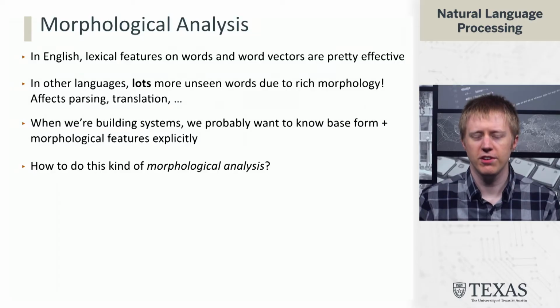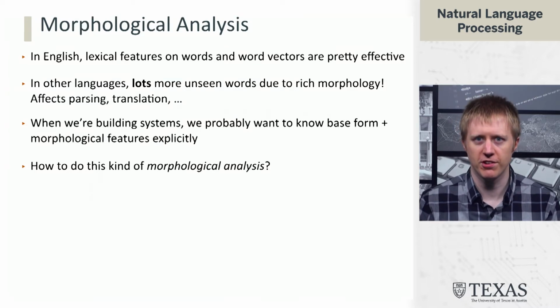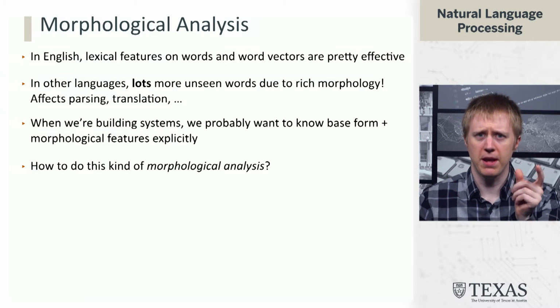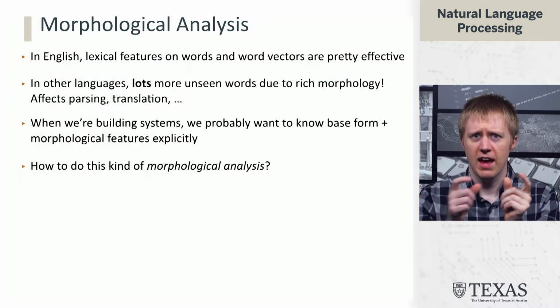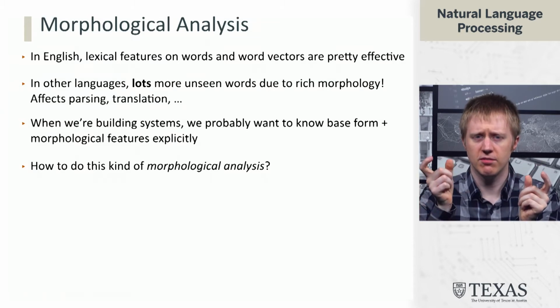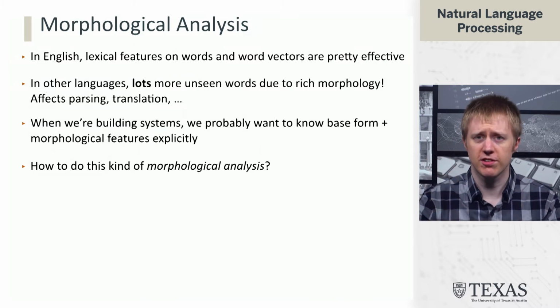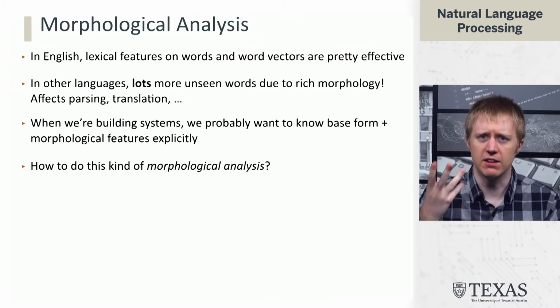This shows up because of unseen words in other languages, like the second person plural form of a rare verb that we've never seen before. We need some way to decompose what's going on. One way is to ask what the base form is, what verb we're dealing with, and then what the morphological features are that caused it to be inflected in this particular way.